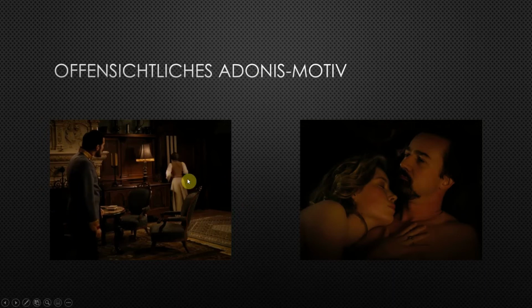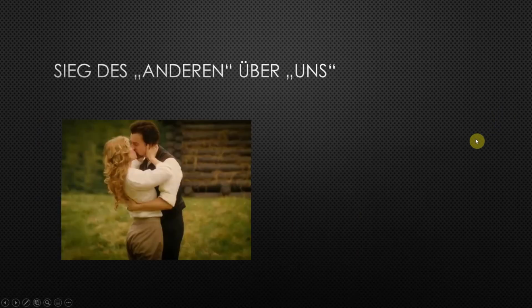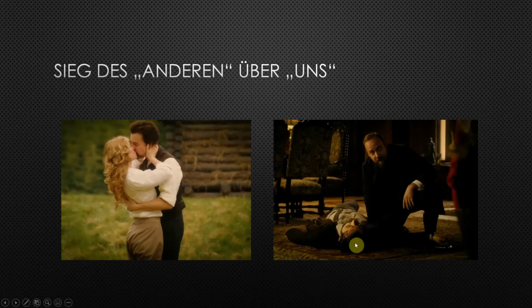Those are both type A characters, Apollonian characters, and then she leaves him and she gets together with Eisenheim, the Dionysian character, the type B character, and so he's left alone and he gets the woman. So this is the Adonis motif here. And furthermore, he survives the whole story while the character representing us, the prince, is dead.